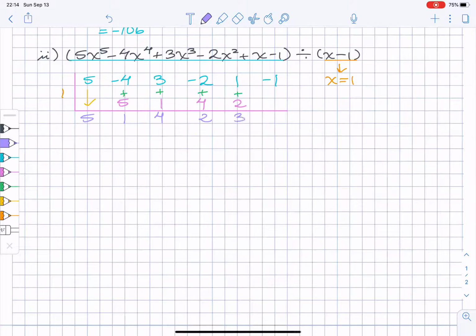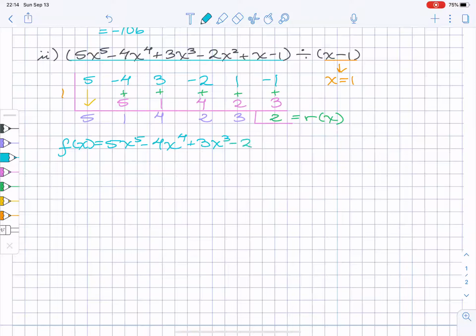Add this column, and our remainder should be 2. So hopefully, when I check my work, I will have done it correctly this time, but let's make sure. So I claim that the remainder is 2. So what is my function? My function, f of x, is 5x to the 5th minus 4x to the 4th plus 3x cubed minus 2x squared plus x minus 1.